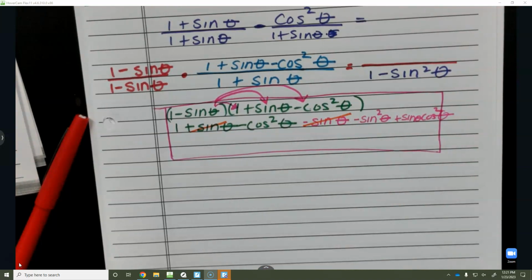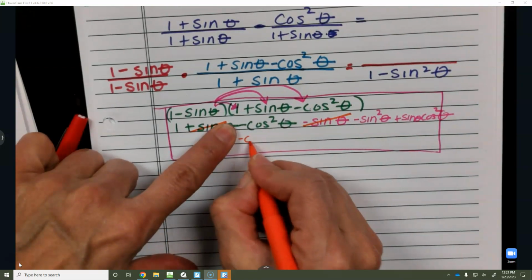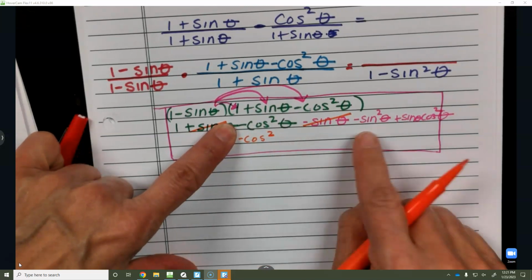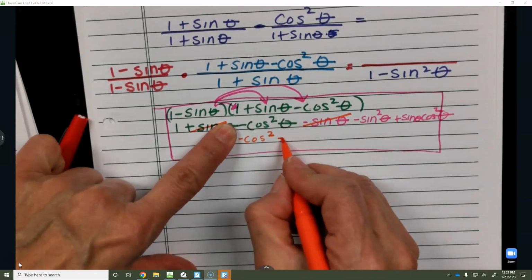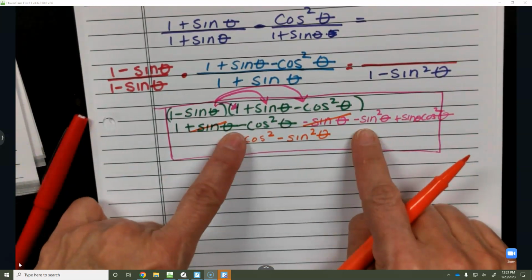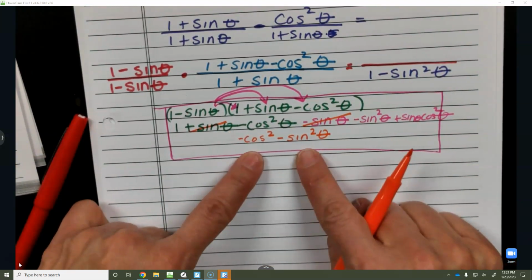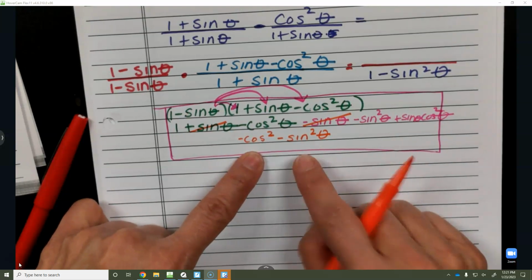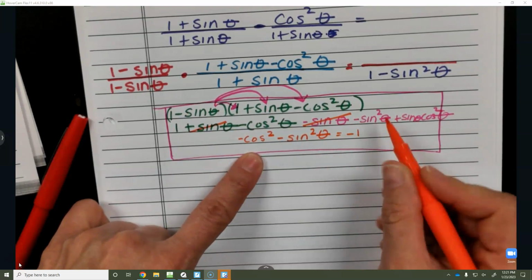And then, y'all look, this is negative cosine squared minus sine squared. What does that turn into? A negative 1, that's right. This is a negative 1.